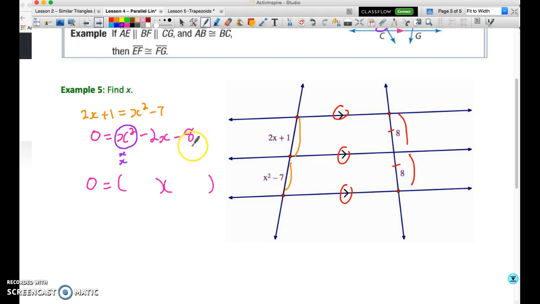We look at the factors of 8, which are 4 and 2, 8 and 1. In this case we have no choice, so we know it's going to be x and x. We need the factors of 8 that, when adding and subtracting, will yield -2, and that tells us we're after the factors 4 and 2.